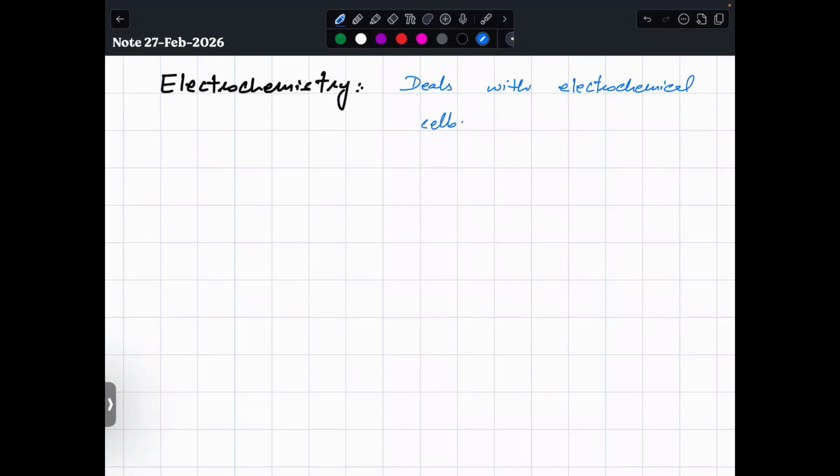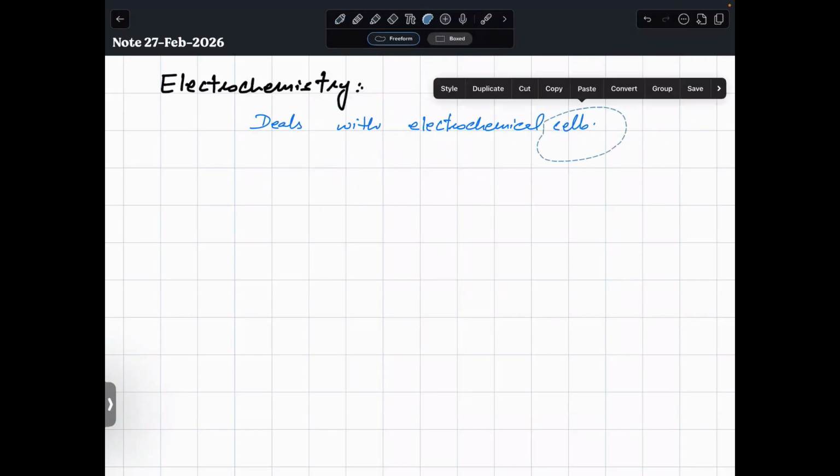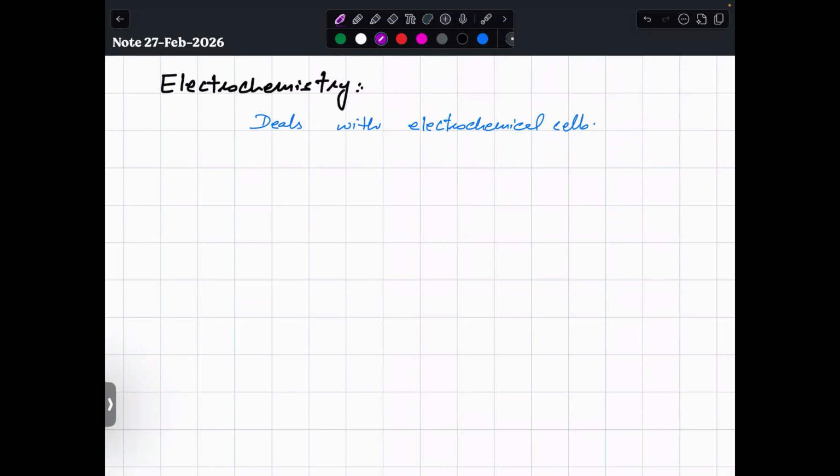Electrochemical cells are of two types. What are these two types?